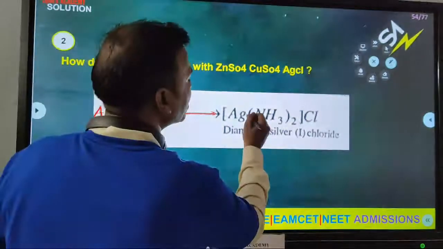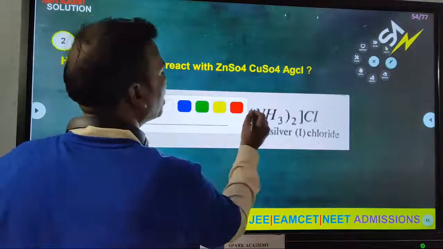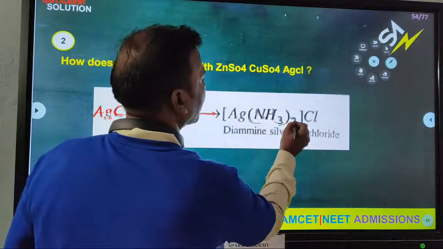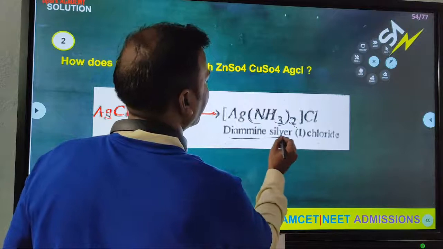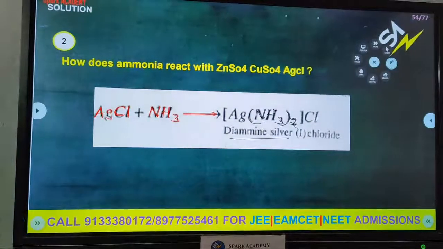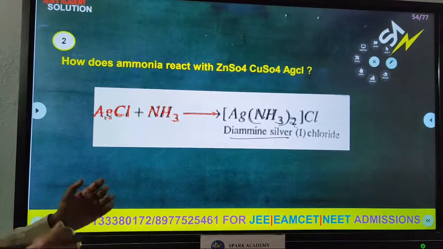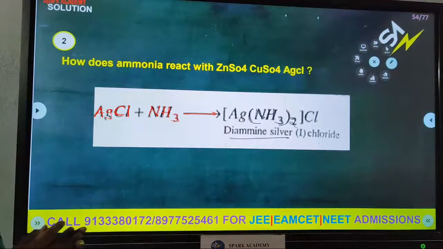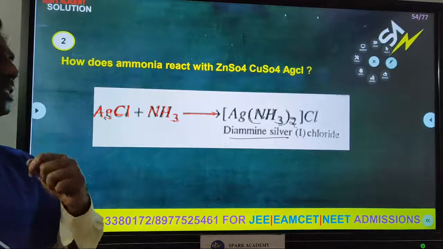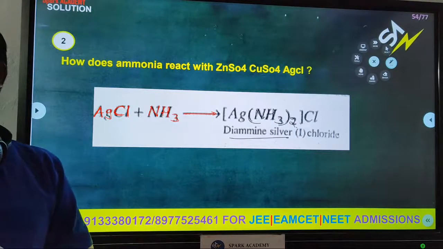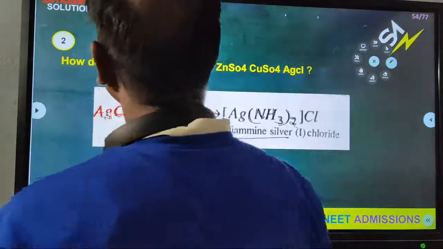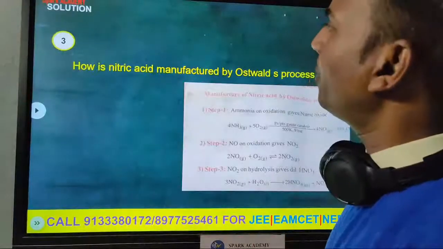How many ammine groups are there here? 2 are there, so it is the diammine. Silver is the central ion, chloride is the counter ion. In this way, ammonia reacts with silver chloride and forms diammine silver chloride. So here we completed the properties of ammonia.